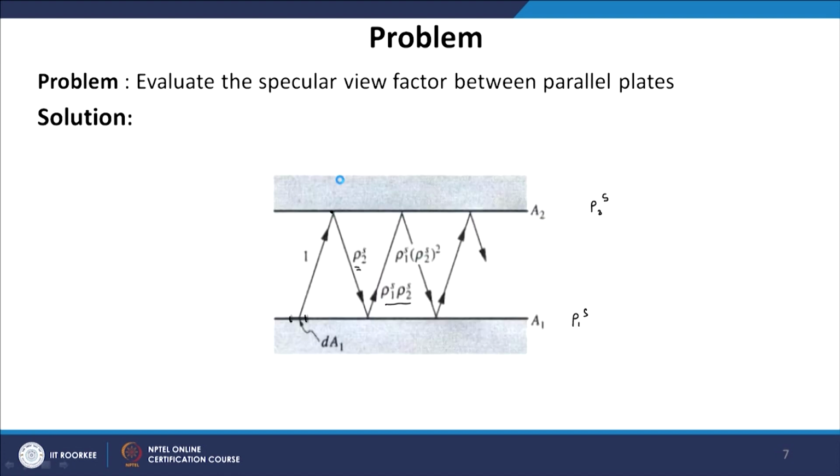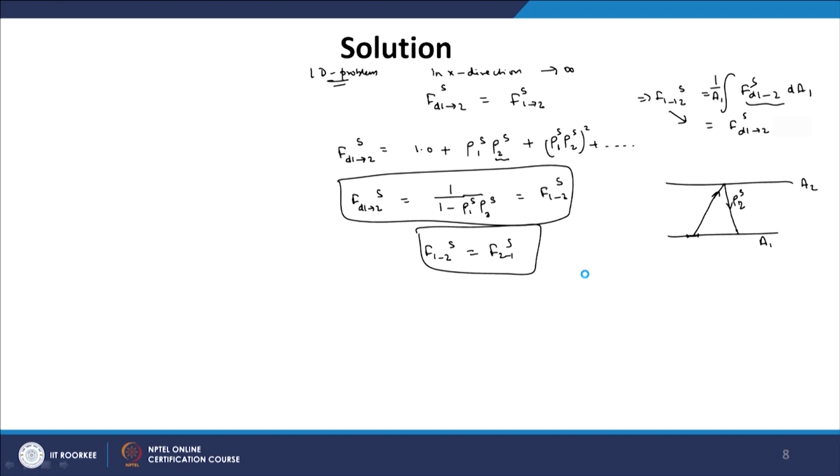Again, just look at this one: energy directly leaving has a magnitude equal to 1, energy leaving after 2 reflections is rho 1 rho 2 times the original intensity, and similarly this is going to be rho 1 rho 2 square and so on. So, there will be multiple reflections, and after multiple reflections this is going to be the view factor.